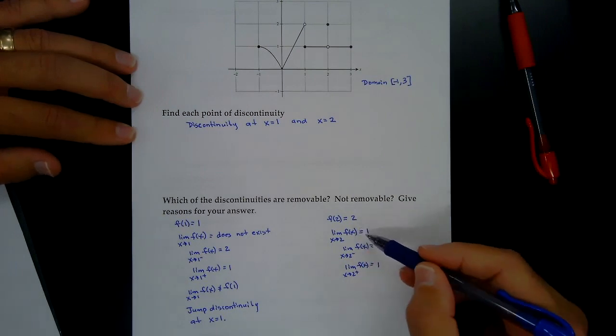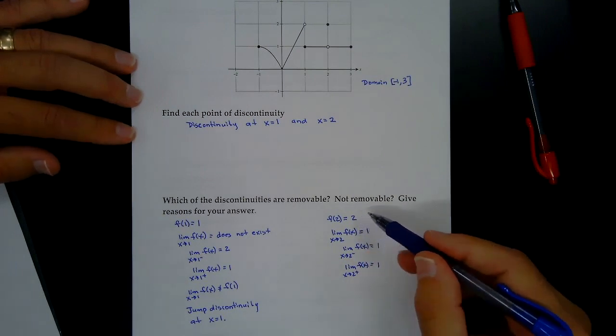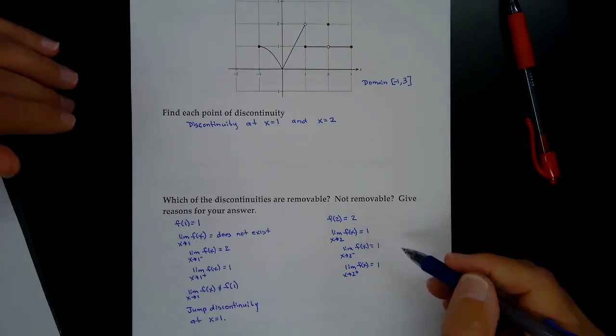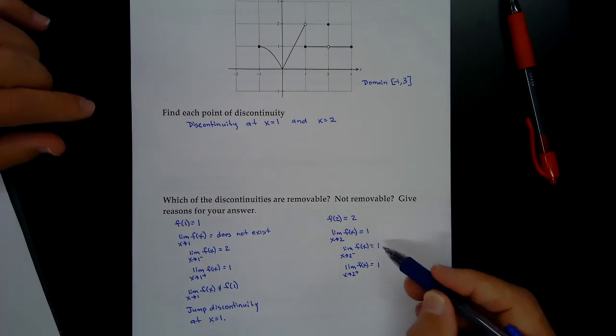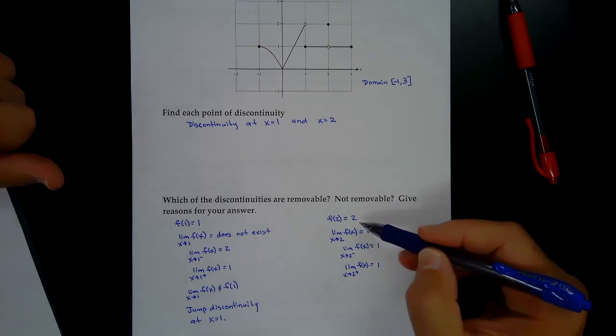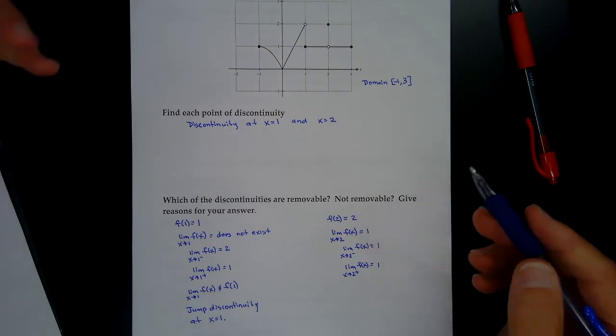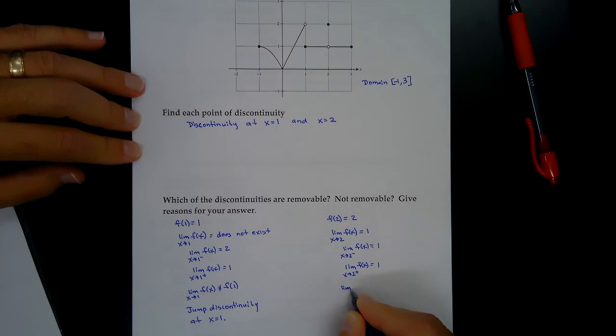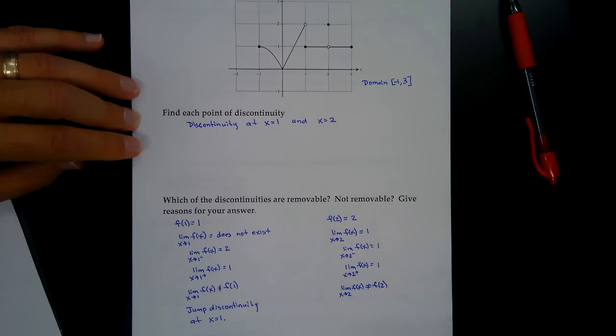The function value and the limit both exist, but they're not the same. It's that the limit exists that is why we have a removable discontinuity. It's that these aren't the same that gives us a discontinuity in general. So we take the limit as x approaches 2 of f of x, and we say it does not equal f of 2. They're not the same value.